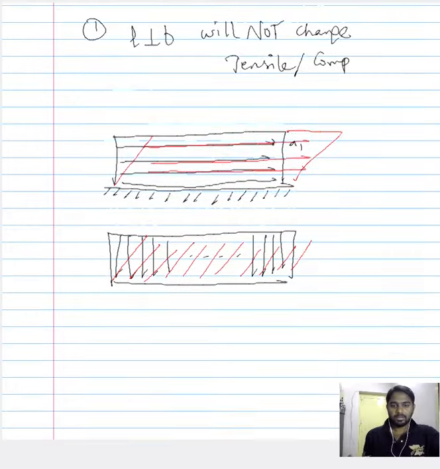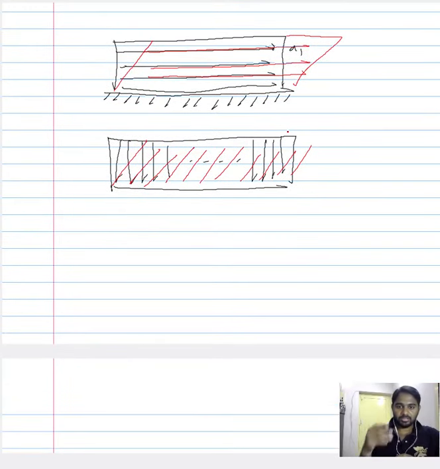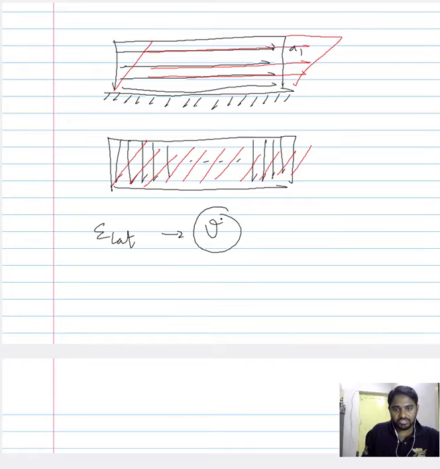Now the other way to characterize shear deformation is that we saw that in case of tensile and compression loading, there is a lateral strain, and this lateral strain led to our understanding of Poisson's ratio. But in case of shear deformation, there is no lateral strain.